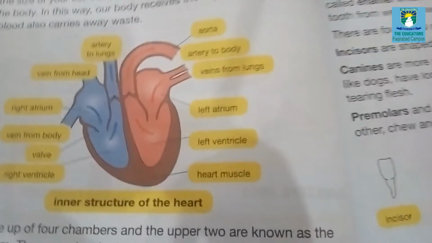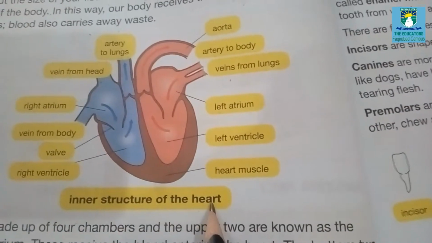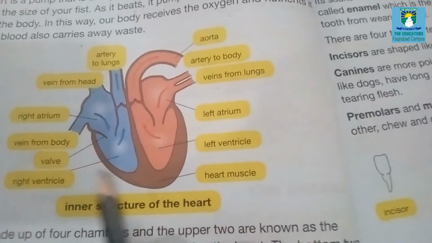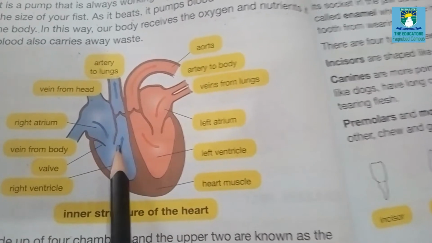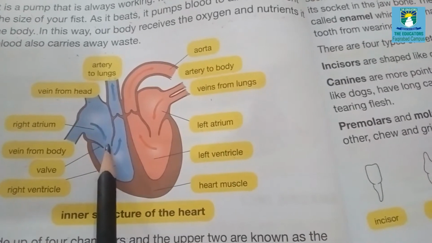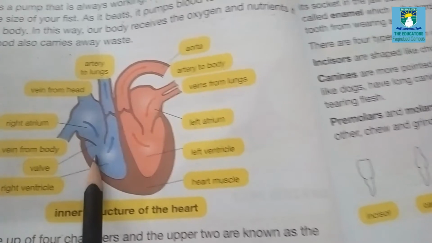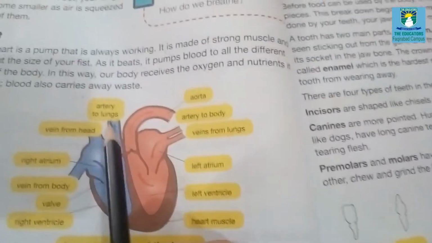Come to the diagram. It's the inner structure of the heart. Now our heart is made up of 4 chambers. What are these chambers? 2 chambers are known as atrium and 2 chambers are known as ventricle. Look at this.